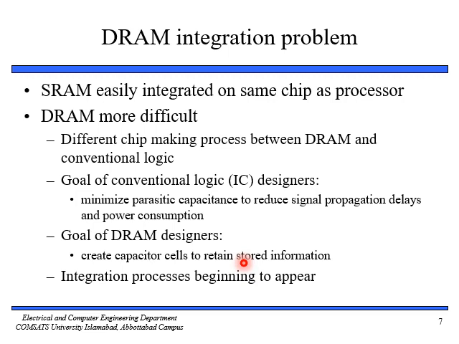So in DRAM, the goal is different from that of the conventional IC designer. Integration processes are beginning to appear. Right now it is very difficult to integrate DRAM on the same chip as the processor, but with the passage of time, integration processes are beginning to emerge. So let's move on to the next slide.